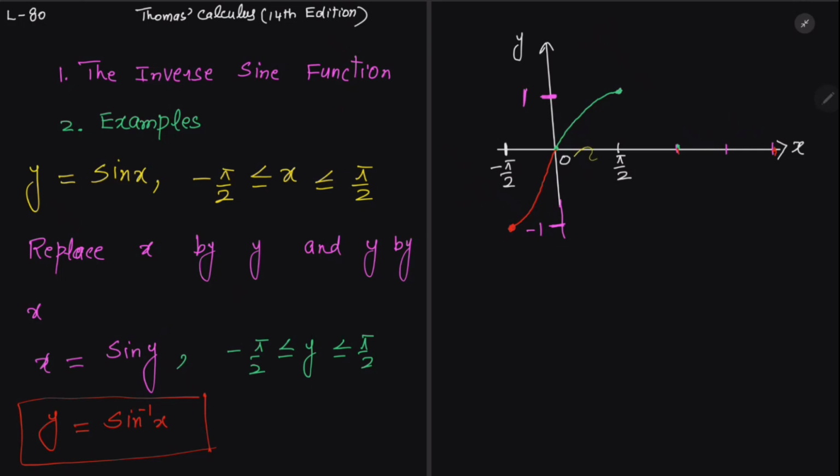When I draw sine inverse x, we know that we interchange the values of x and y, but at the end we put the values minus 1 and 1. So this is the domain for sine inverse x.